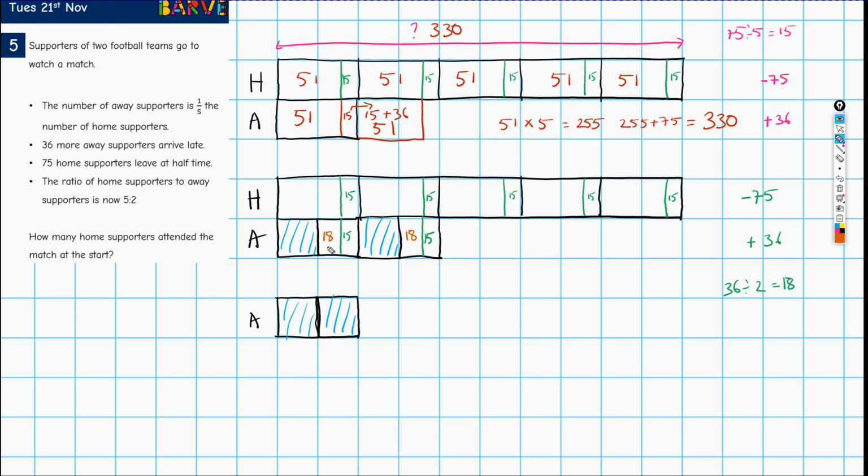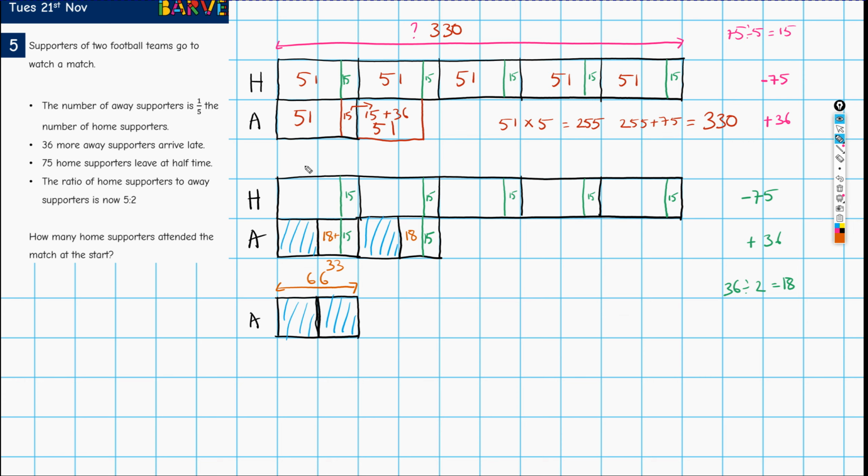So 18 plus 15, if we add them, we get 33. And that means that if this is 33, then one of these original parts must be 66, as we anticipated, because that is what we found here, where 51 plus 15 was one of our original parts.